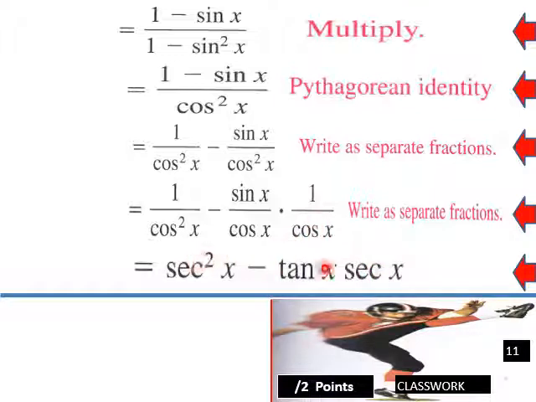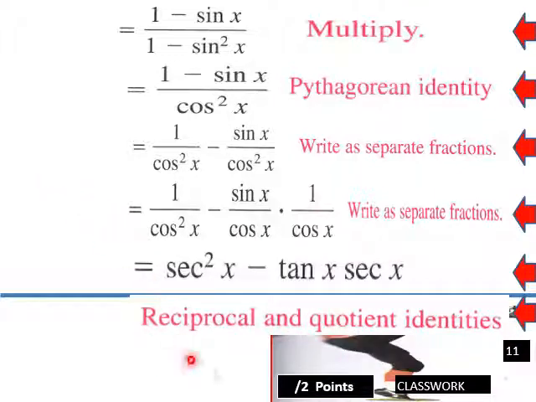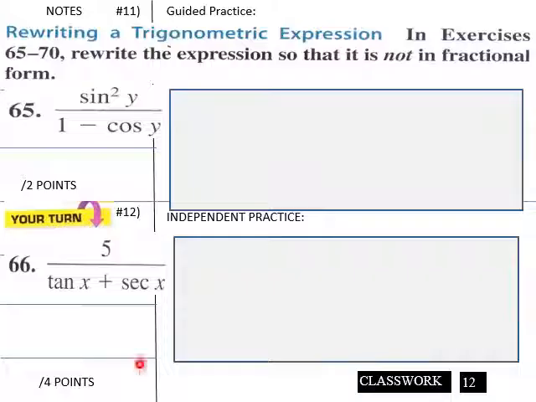So it will simplify into this expression, eliminating all of our denominators. And that's by using the reciprocal and quotient properties here of trigonometric expressions.